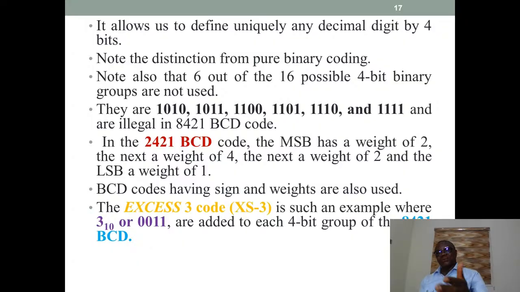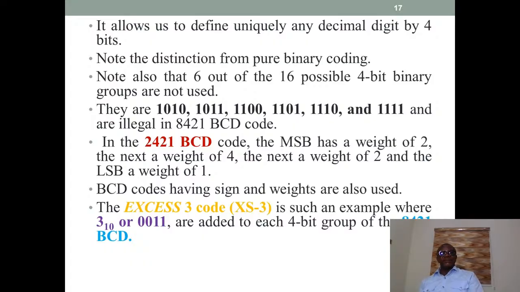I want you, in the comment section, to put what you think, what you know, the reason why these 6 combinations are not put into use in the 8421 BCD code.